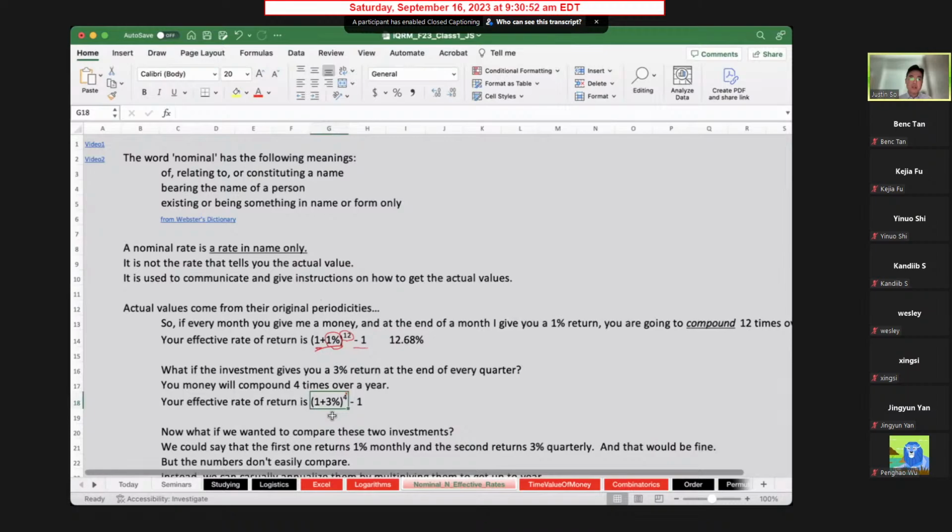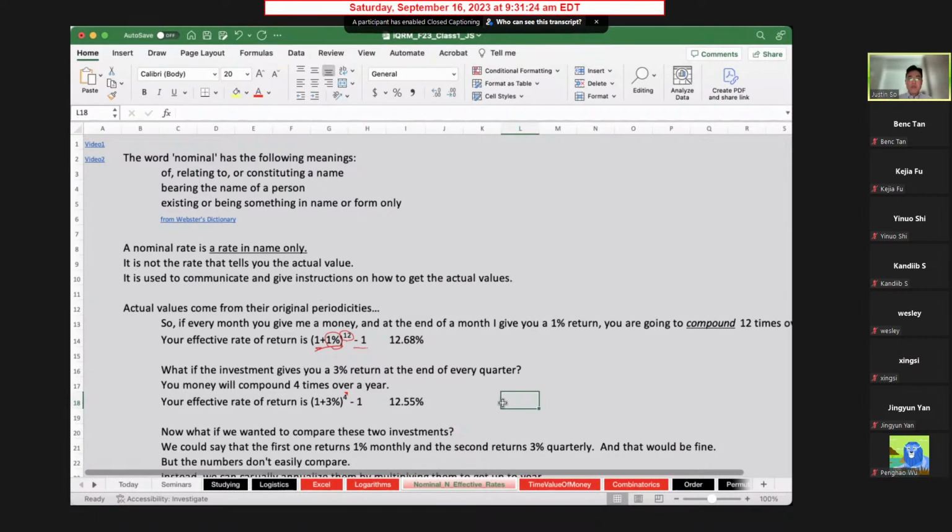Just please correct that one. It's 3% and the power of 4 and minus 1. And if you calculate 1 plus 3% to the power of 4 minus 1, it's 12.55%.